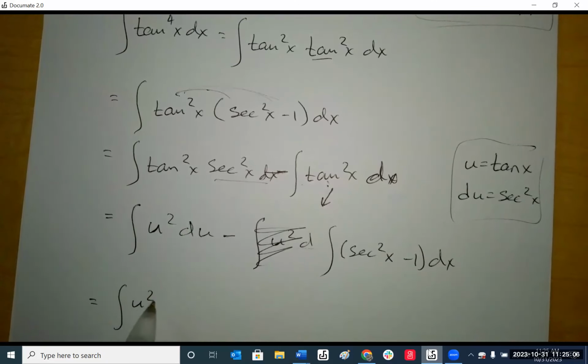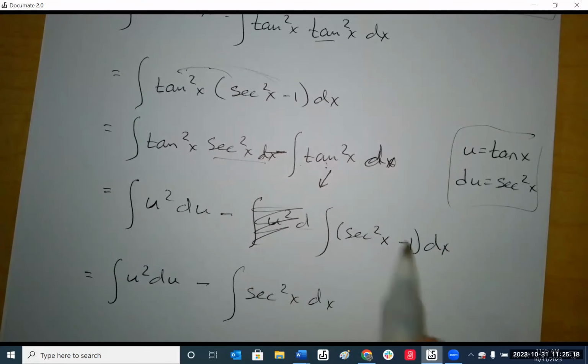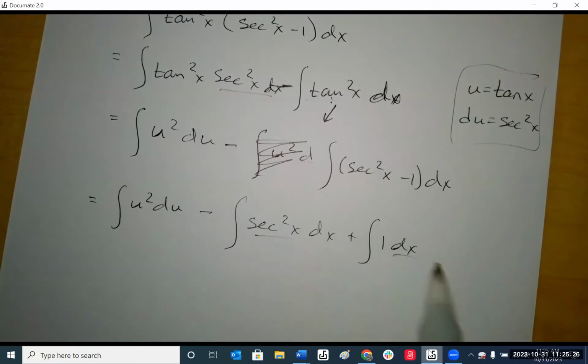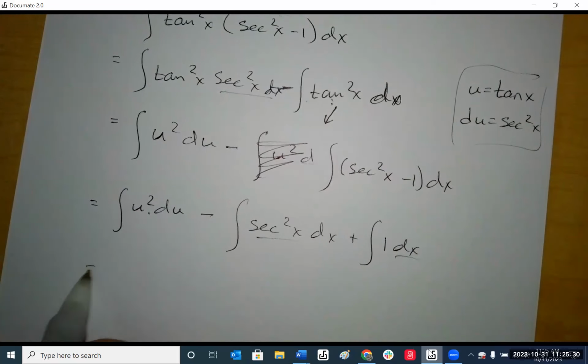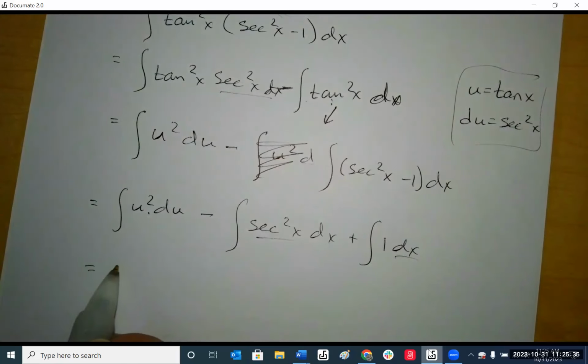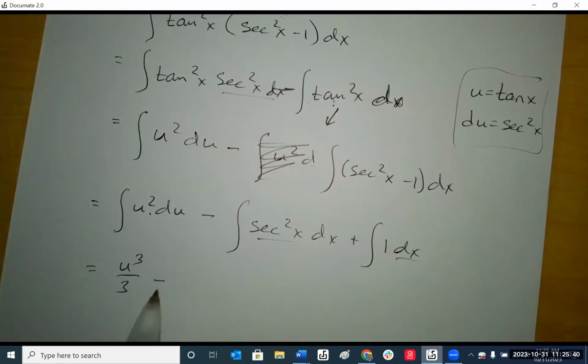So here we have u squared du minus the integral of secant squared x dx, and the minus makes it a plus 1 dx. Because these are straight out of the book. It's just that this one we had trouble with. So the integral of u squared du is u cubed over 3.